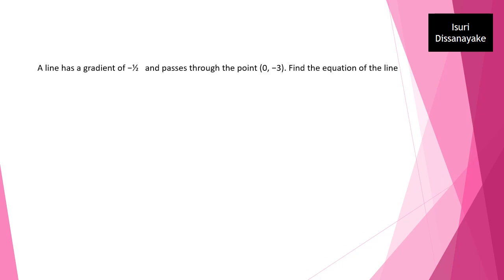A line has a gradient of -1/2 and passes through the point 0, -3. Find the equation of the line. So the same thing, gradient given as -1/2, x coordinate is 0, y coordinate is -3. Equation of a straight line is y equals mx plus c.